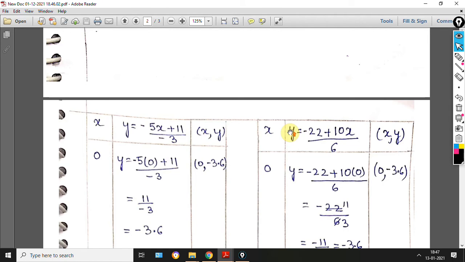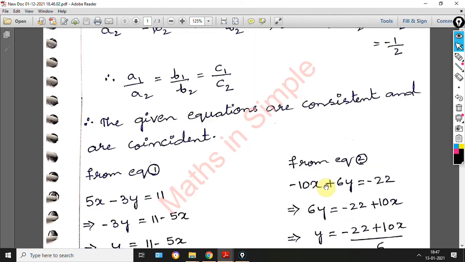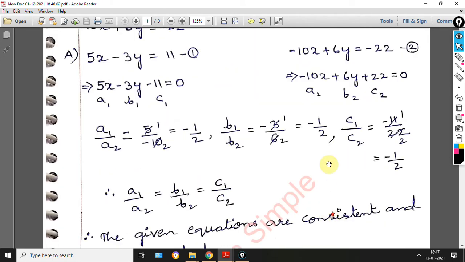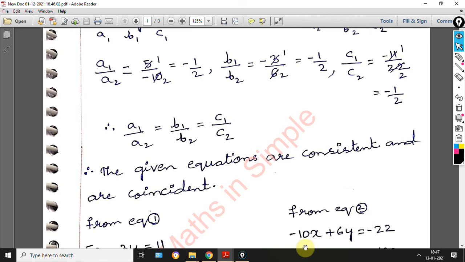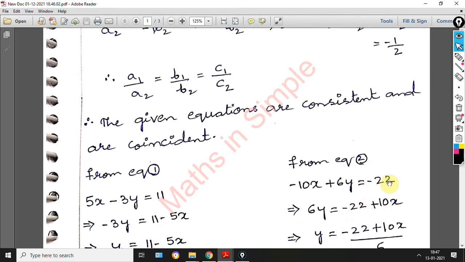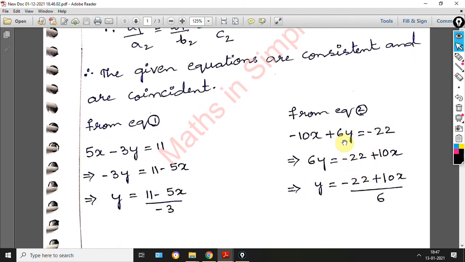Now the second equation we will simplify. Okay, so what is the second equation? Minus 10x plus 6y equal to minus 22. So we are writing from equation number 2, minus 10x plus 6y equal to minus 22. Here 6y we are writing as it is, and equal to minus 22 is there.